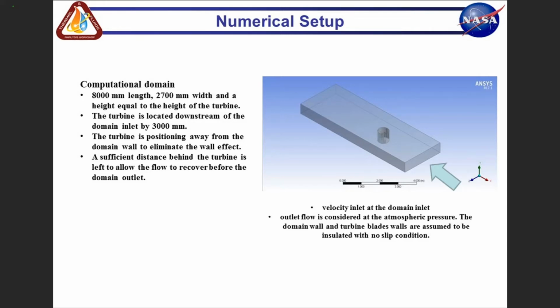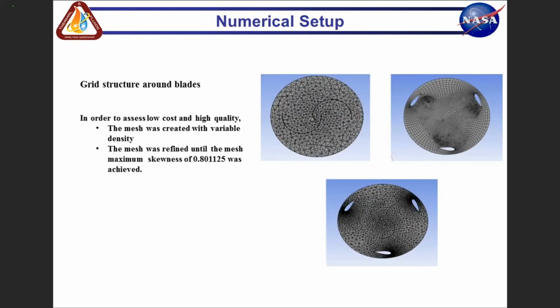To simulate the flow around the blade of the turbine and to predict its performance, we created a computational domain as shown in the figure. To eliminate the wall effect, we put the turbine away from the domain wall, with sufficient distance behind the turbine to allow the flow to recover before the domain outlet.